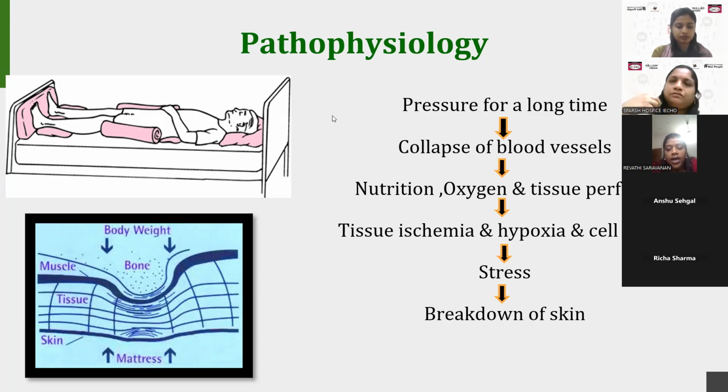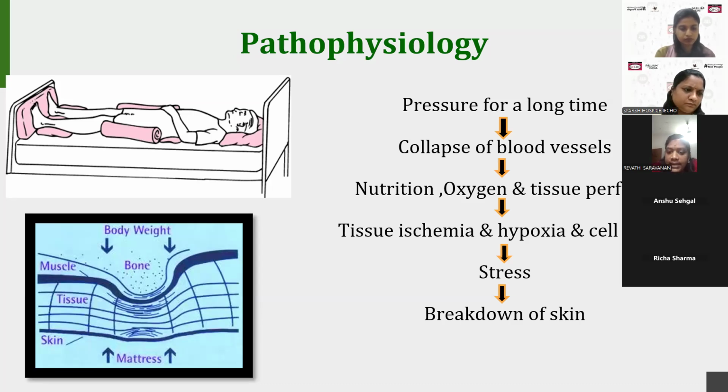First, pressure for a long time. One part of the body continuously gets pressure for a long time, without any disturbance. That leads to collapse of blood vessels. Our skin and body are full of blood vessels, and they get collapsed.